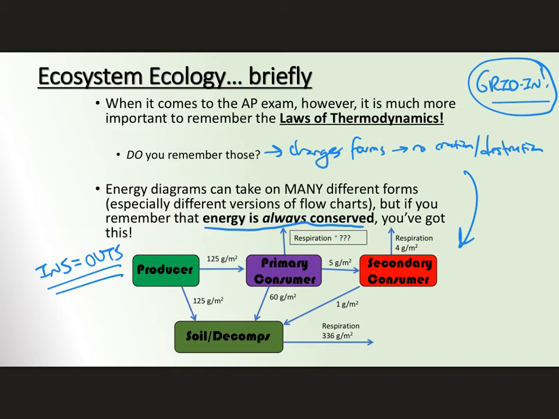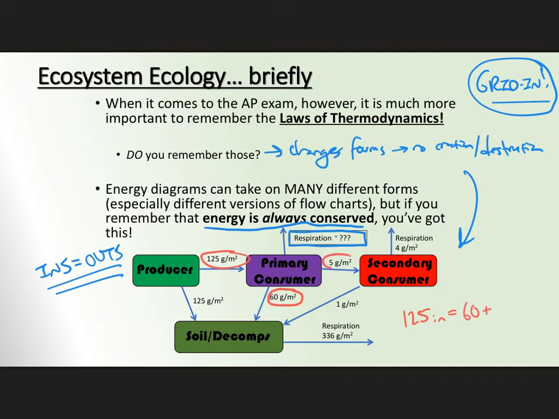So let's say you have this question and they're asking how much energy is used in respiration by these primary consumers. Well, I've got 125 grams per meter squared that came in. And then notice that I've got 60 grams per meter squared that goes to the soil. So this is probably waste, feces, whatever.